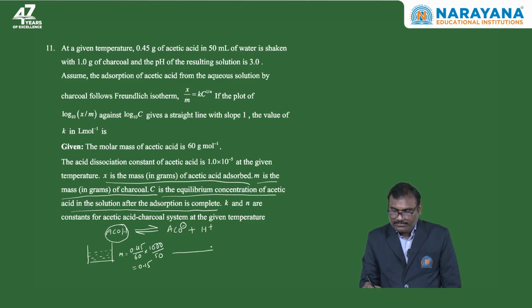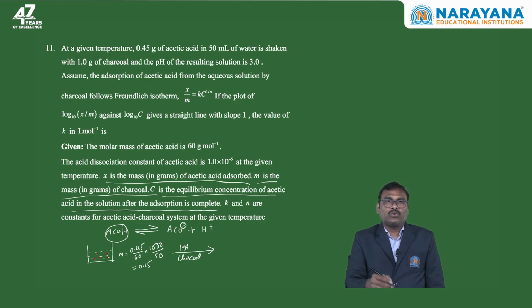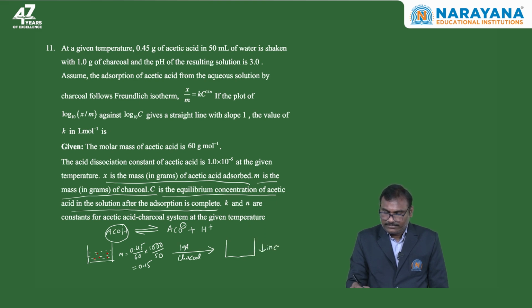For this, what is added? 1 gram of charcoal is added. Due to that, what happened? Generally, if you add charcoal to it, some of the acetic acid molecules get adsorbed by the charcoal, which causes a decrease in concentration due to adsorption on charcoal.